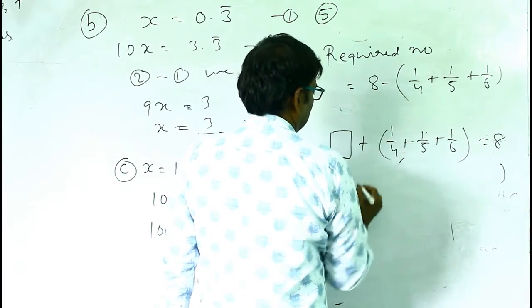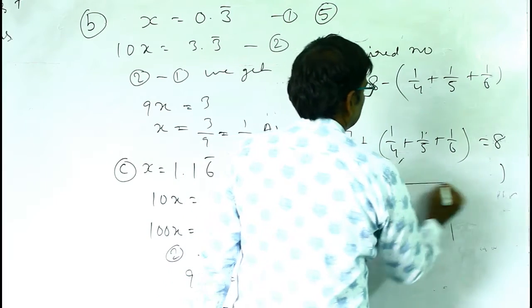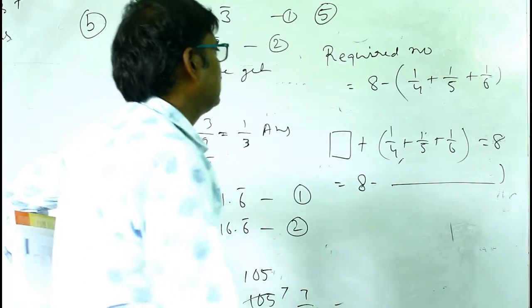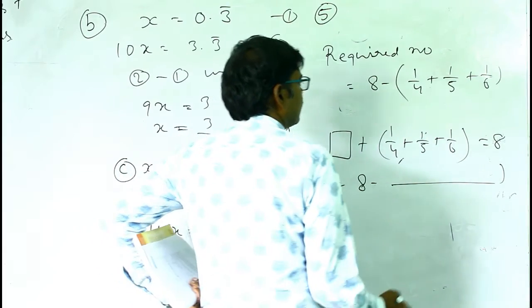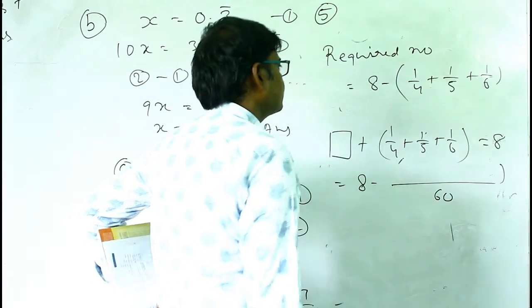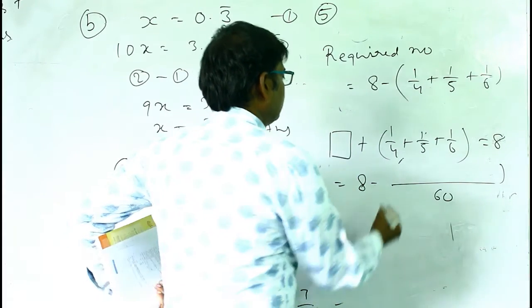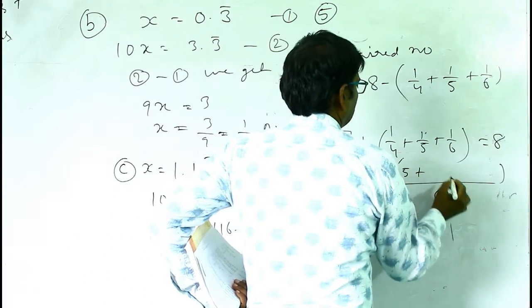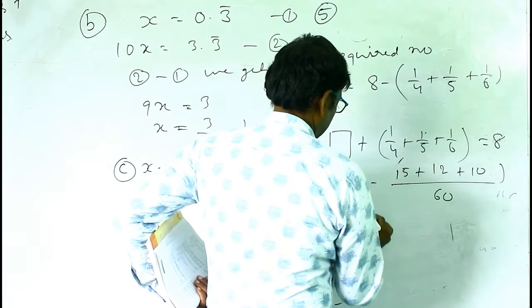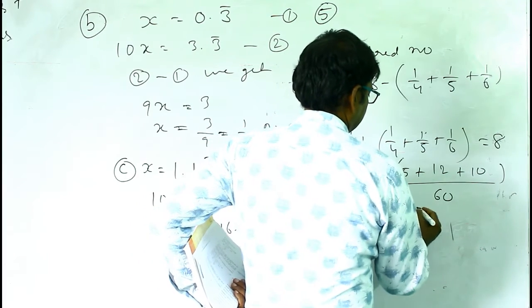So here 8 minus, then take the LCM of 4, 5, 6. The LCM will be... no, not 30. It will be 60. So here it will be 15 plus 12 plus 10, so it will be 8 minus that.